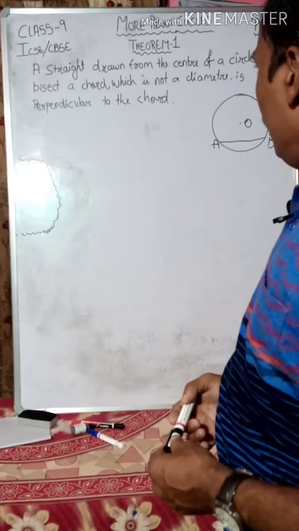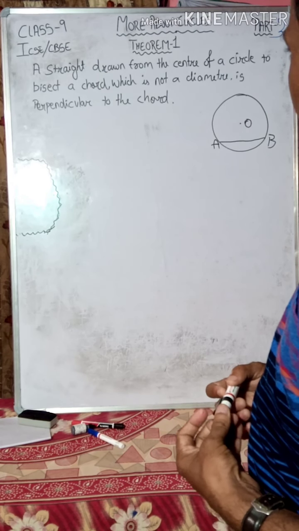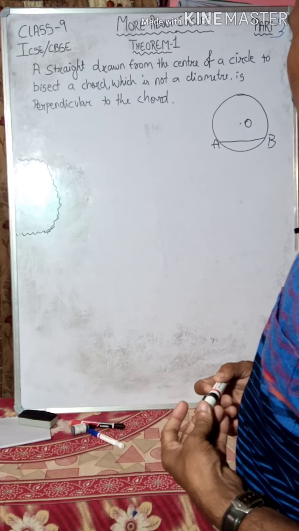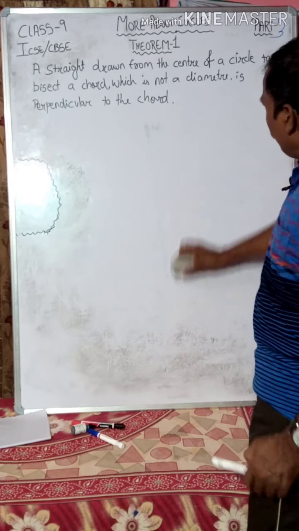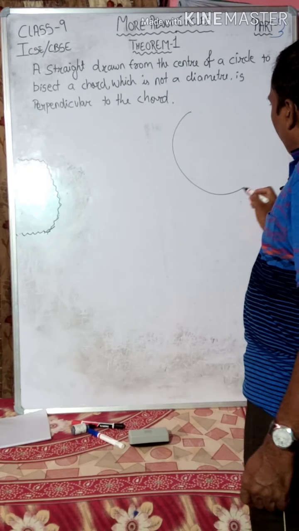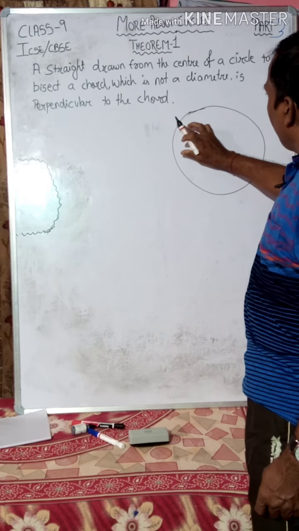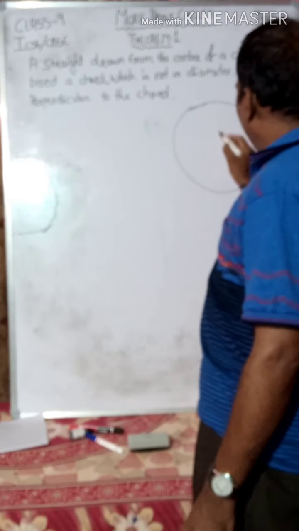The straight line drawn from the center of a circle to bisect a chord which is not a diameter is perpendicular to the chord. Now, this is a circle. A straight line drawn from the center.